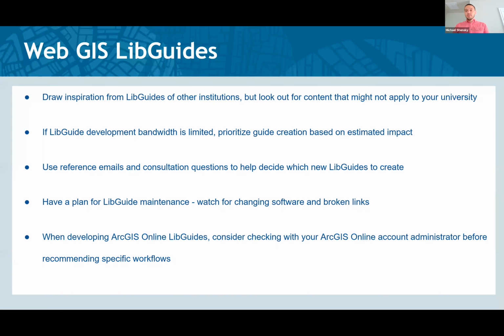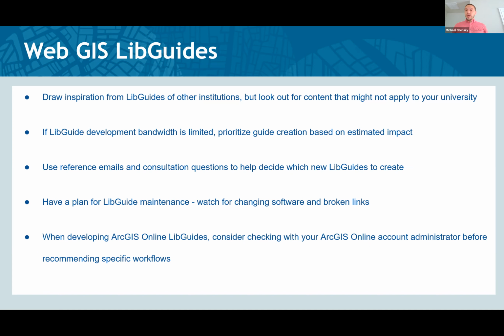So at your campus, potentially there are multiple LibGuides that could come out of this week, if you don't already have a guide about ArcGIS Online, or library databases, or use of web GIS related tools, so using QGIS to produce web maps, or using Python and Google Colab to produce web maps. Those are things that you might want to develop guides about.